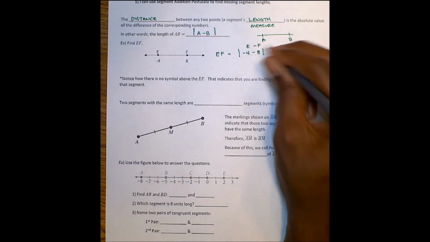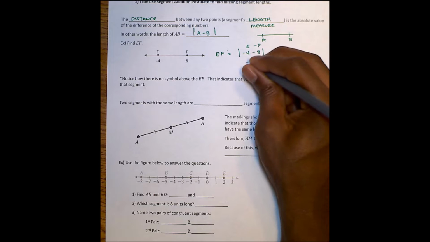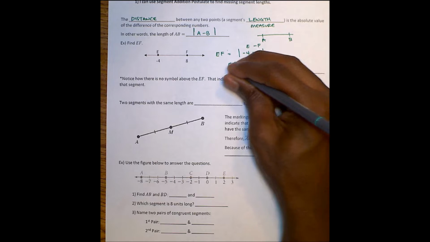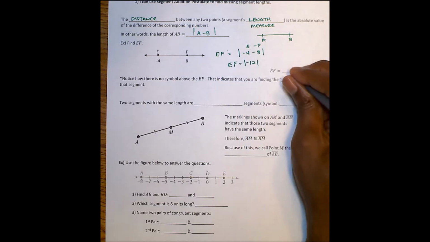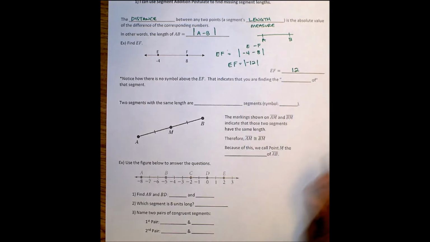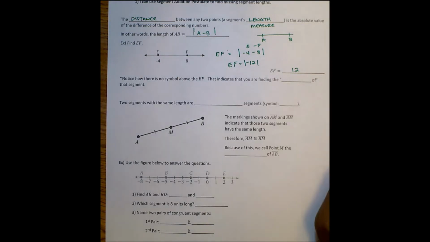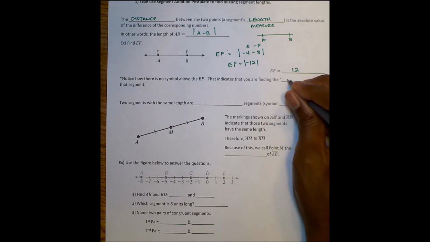Negative 4 minus 8 gives us negative 12. The absolute value of negative 12 is 12. Absolute value is going to be positive. Again, notice there's no symbol above the EF, and that just indicates that you're finding the measure, or the length, of that segment.